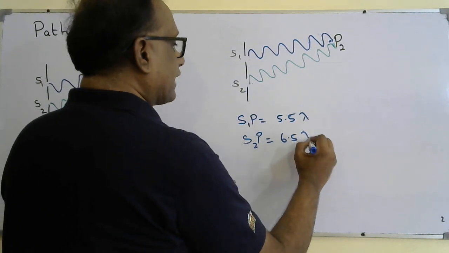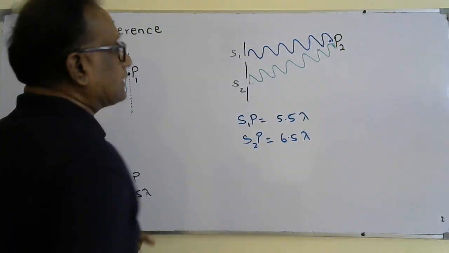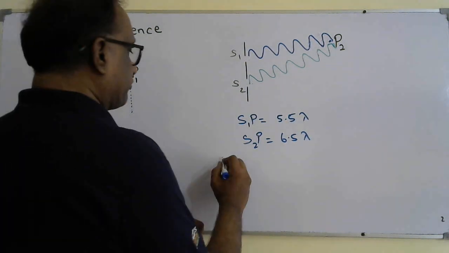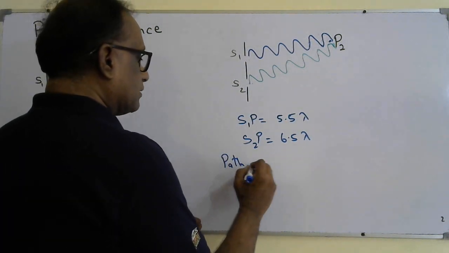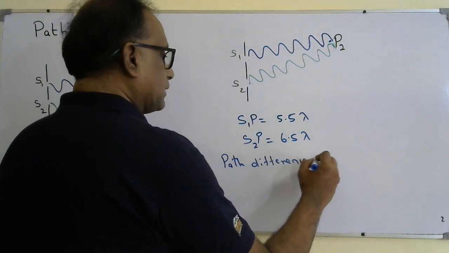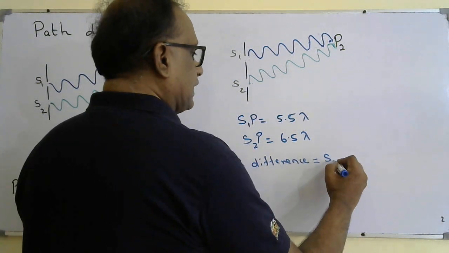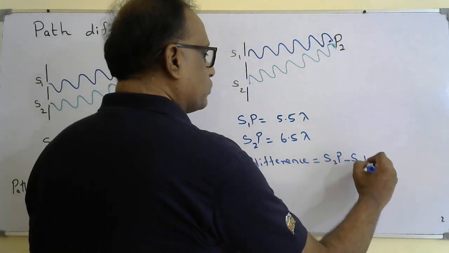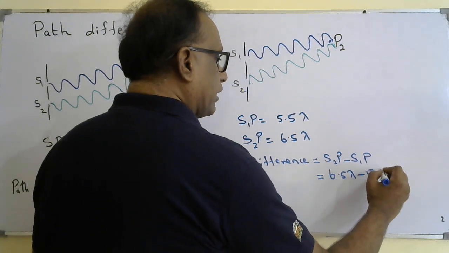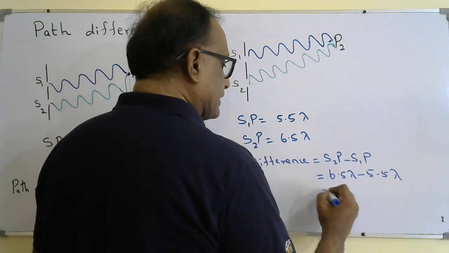I couldn't draw a nice diagram, I'm not a good artist, but anyway. So the path difference is S2P minus S1P, that is 6.5 lambda minus 5.5 lambda, that is lambda.